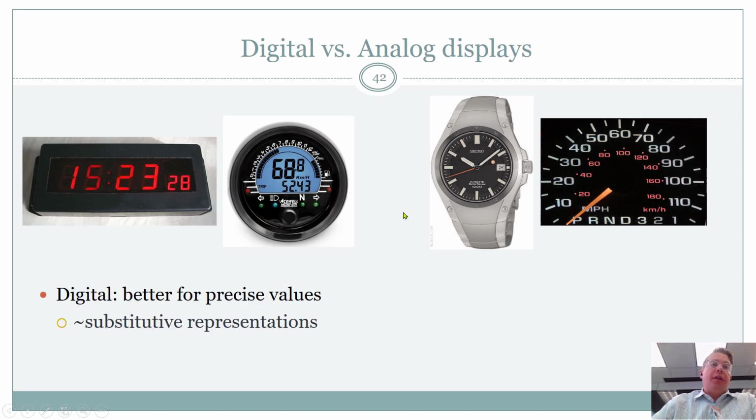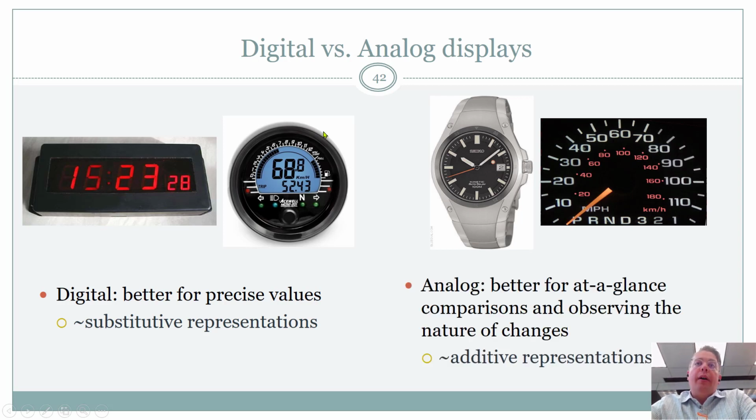So if I need to know, for example, exactly what time it is, this digital representation is probably a better one than having to interpret based on an analog clock what time it is precisely. I have to do more cognitive steps here versus just reading this off in the digital space. So substitutive representation is a little bit better there.